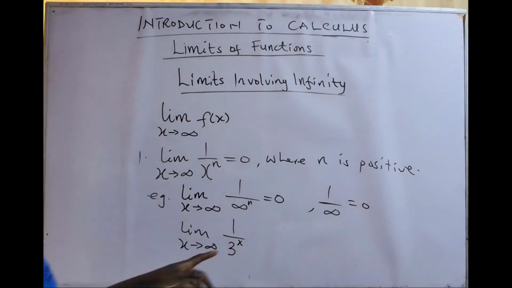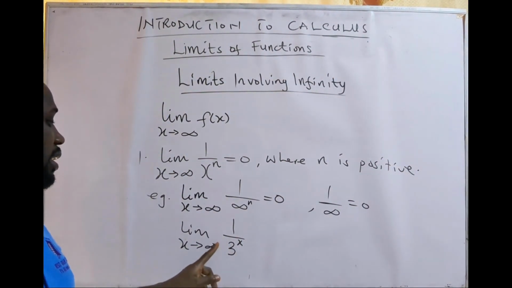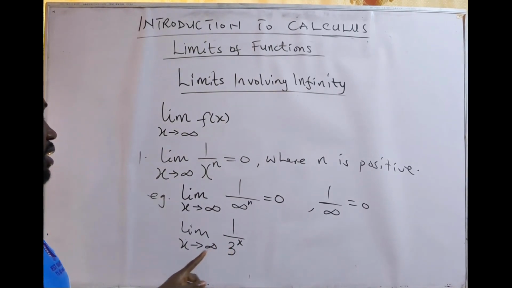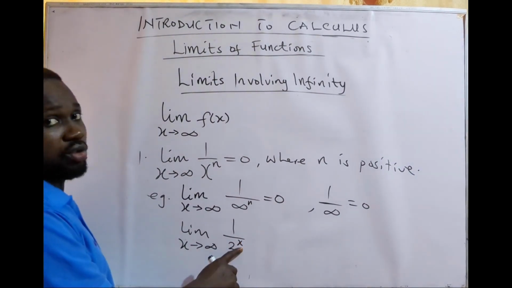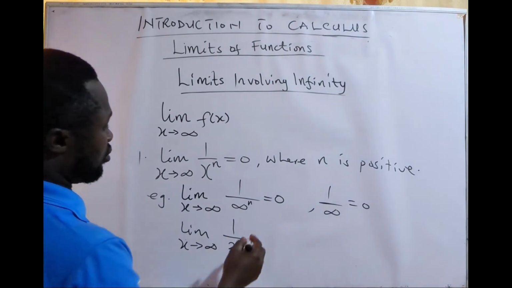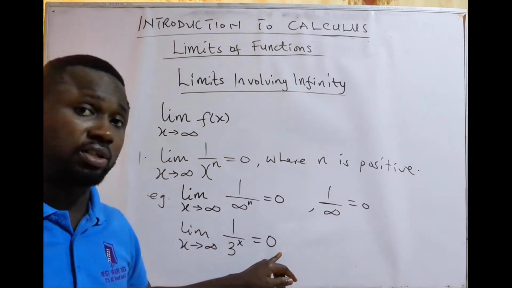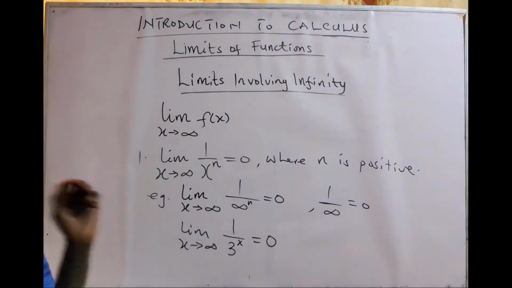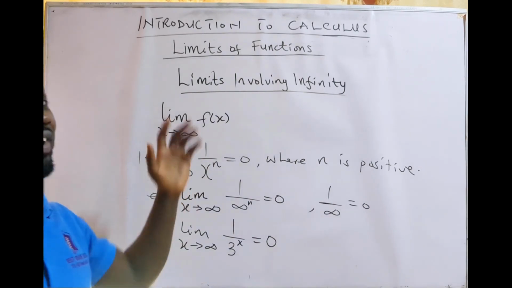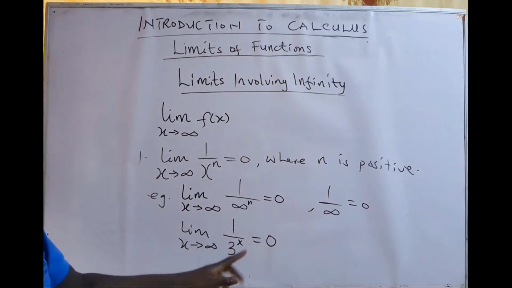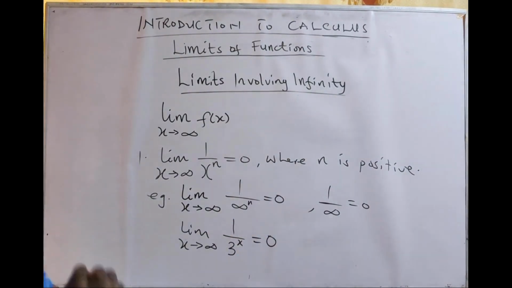If the x is approaching infinity, and the infinity is also an exponent, then the value of the function will also be approaching 0. Let's say I have 1 over 3 to the exponent of 100 billion, a very large number. Then this particular function is definitely getting to 0. It will be approaching 0.